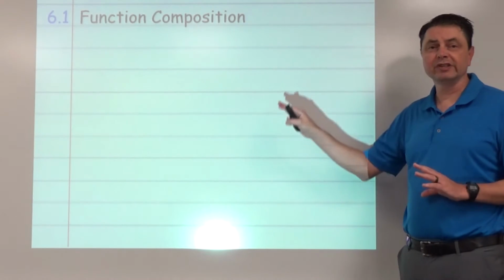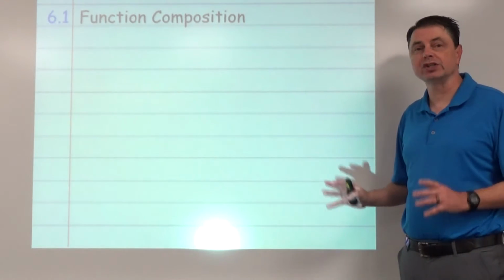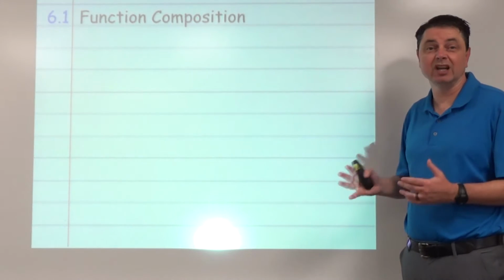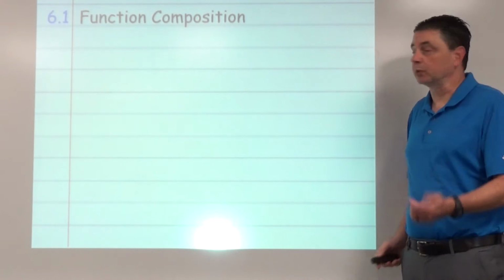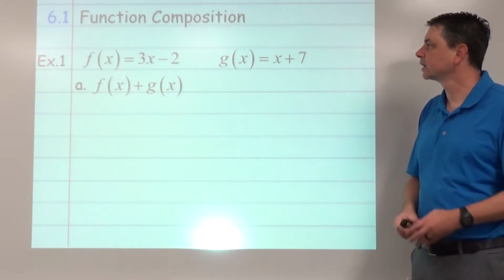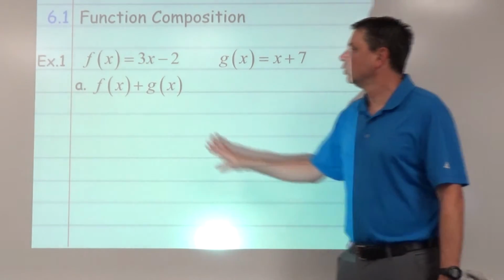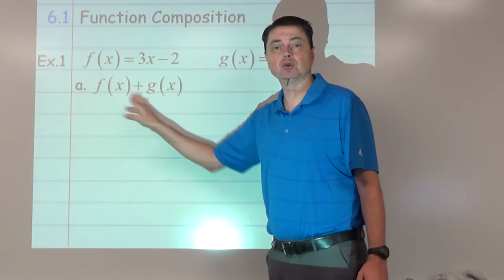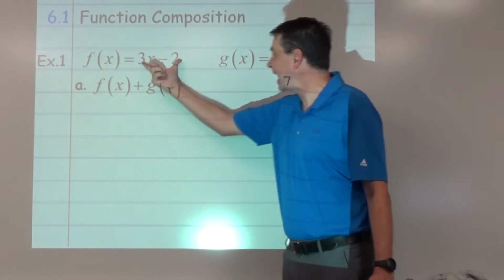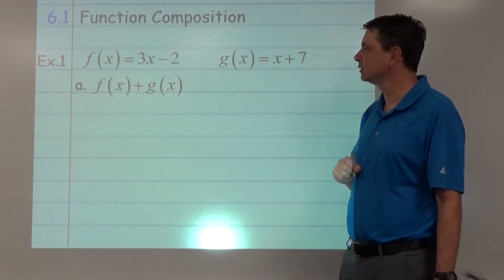Before we get to the composition part, just some other operations that we can do with functions that we've done with polynomial expressions before. Example number 1, we've got f of x, we've got g of x. We can add the two functions, like we would add the two expressions.